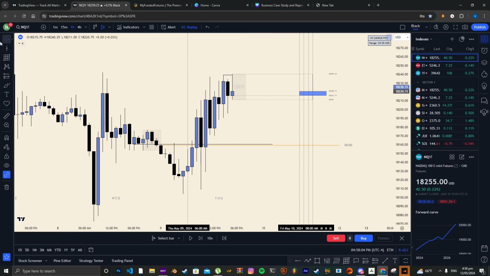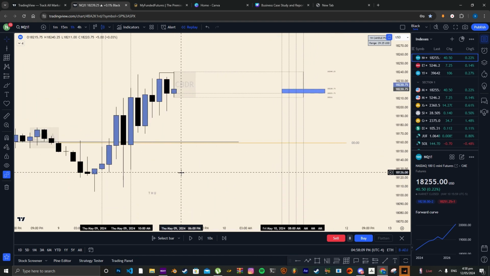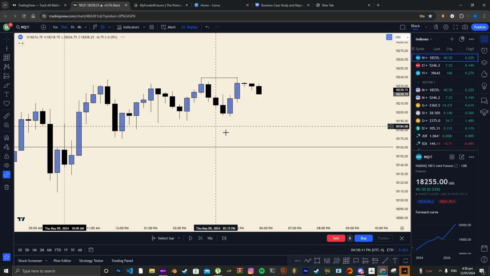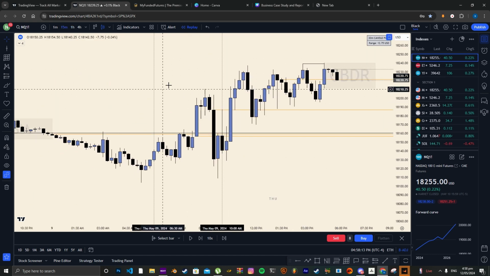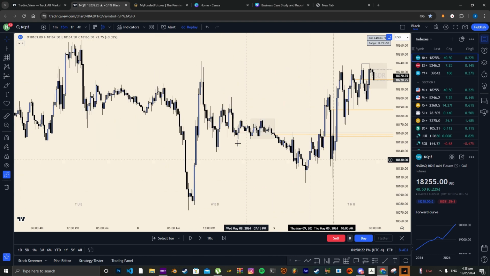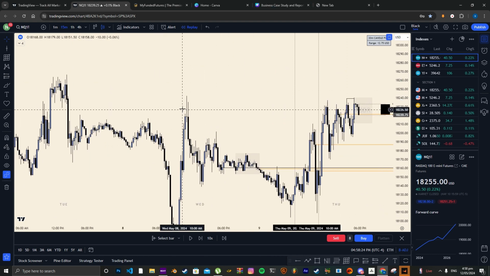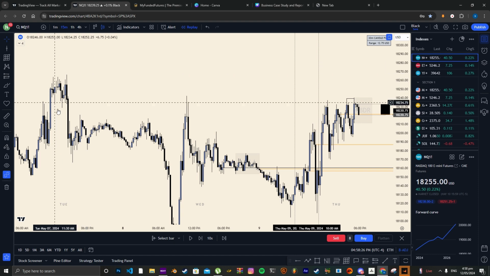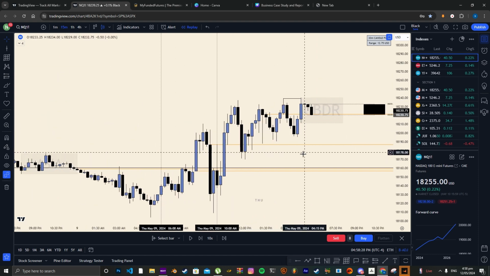Now, what do you notice if we fractalize this even more and go on the 15-minute? We have a clear accumulation, manipulation, distribution, and then we have a continuation back into the highs of the previous day, as well as these original accumulation targets, right?